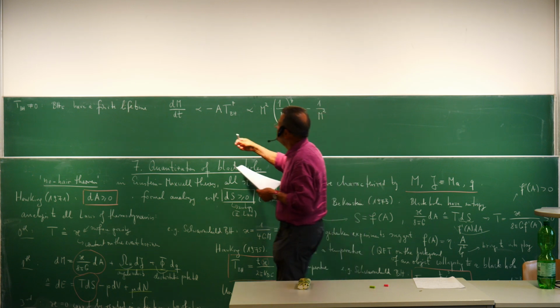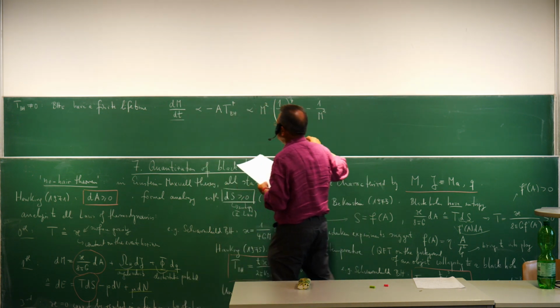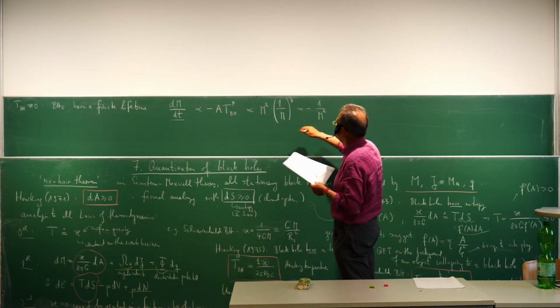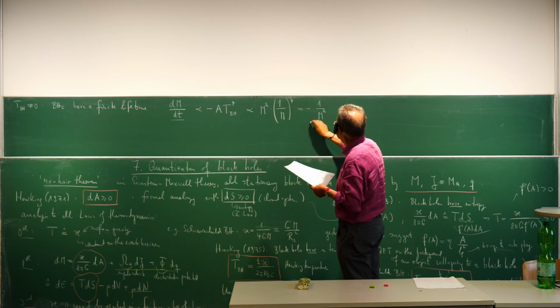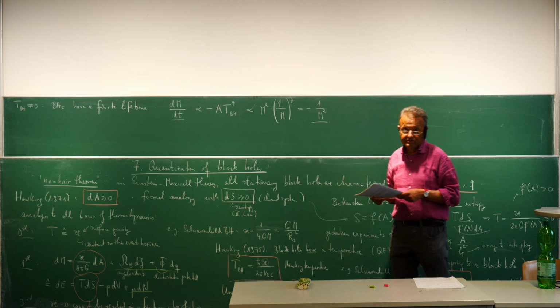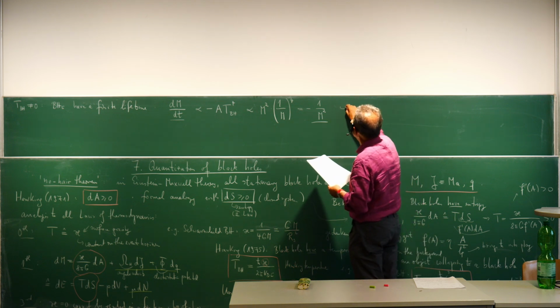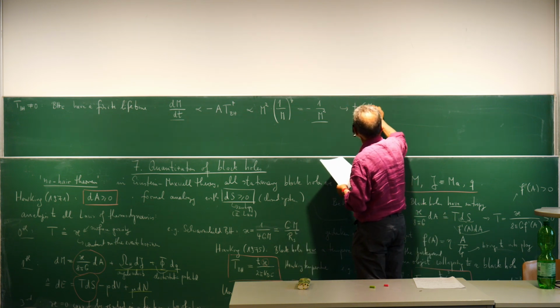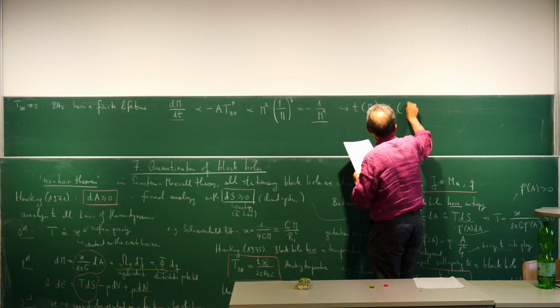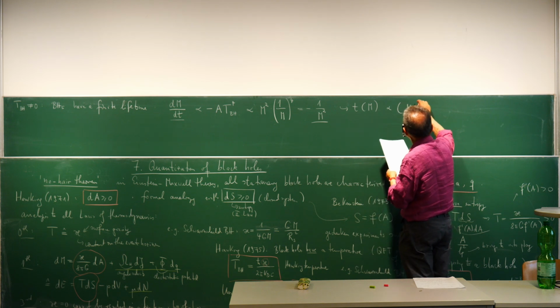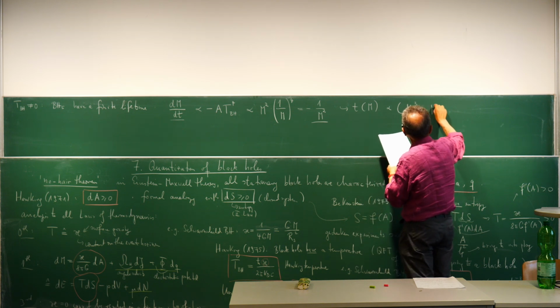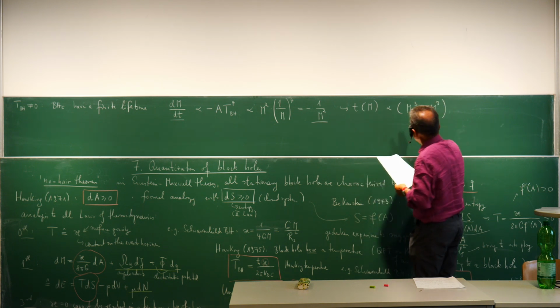So we have this simple differential equation, dm/dt is proportional, I mean, there are some factors, to minus 1 over m squared. And every one of you can directly integrate this. This means that t of m is proportional to m0 cubed minus m cubed, where m0 is the initial mass.